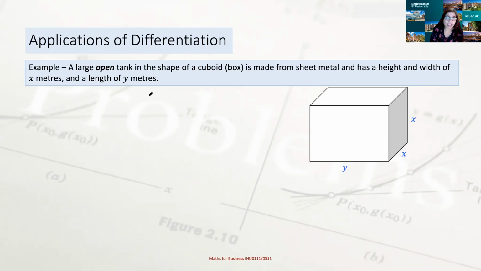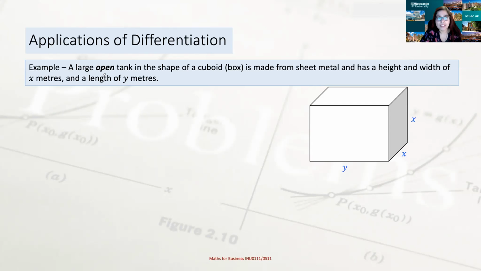So the idea is to avoid drawing a graph and solve the problem using differentiation as an optimization tool. It saves our time and it's much easier to differentiate than to draw a graph. So now let's use differentiation as an optimization tool.